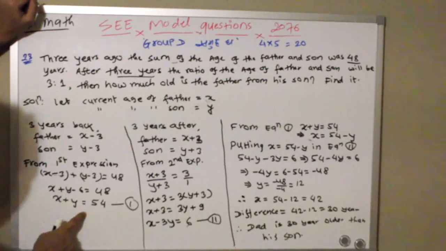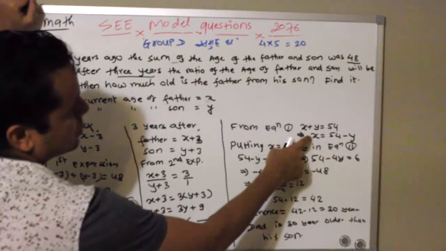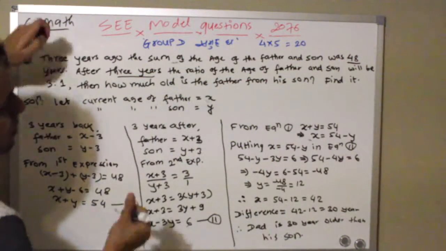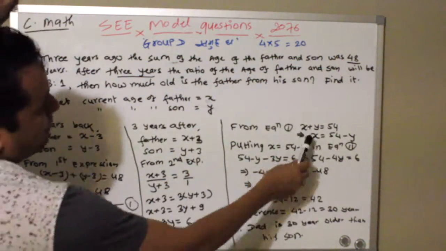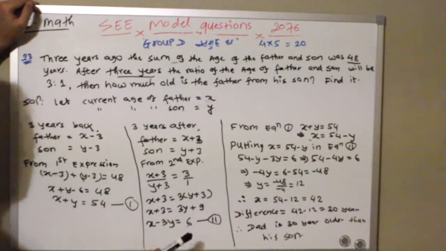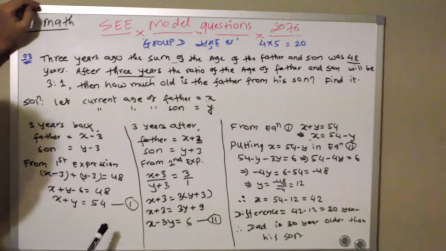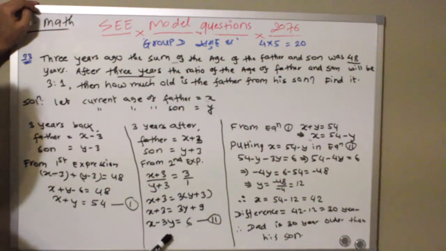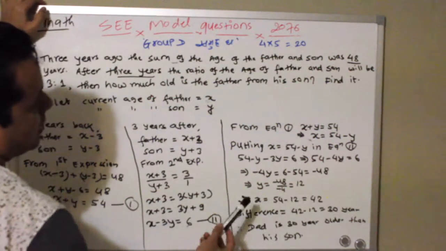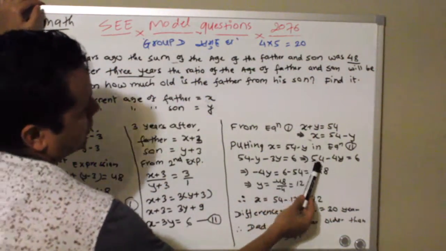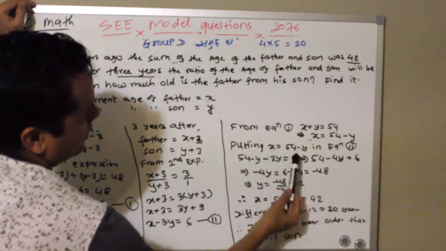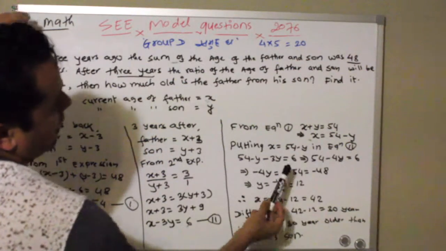From the first equation, I get the value of x by taking y to the right side. If you get the value from one equation, you have to put it in another, so I substitute it into the second one.